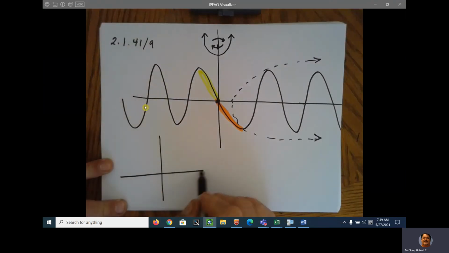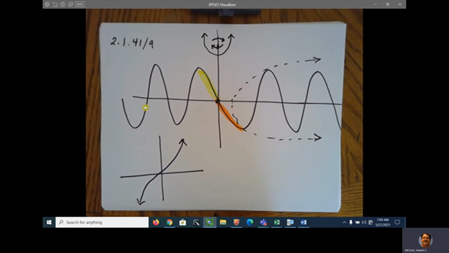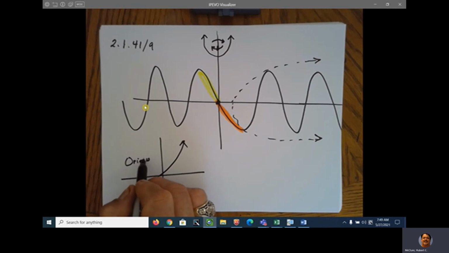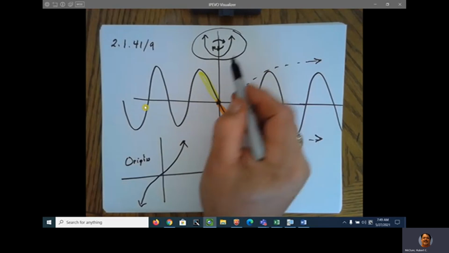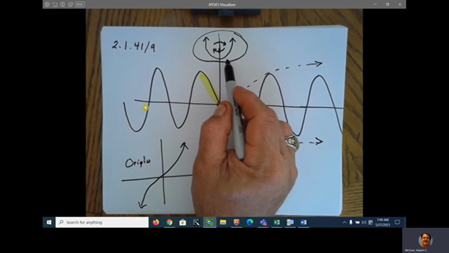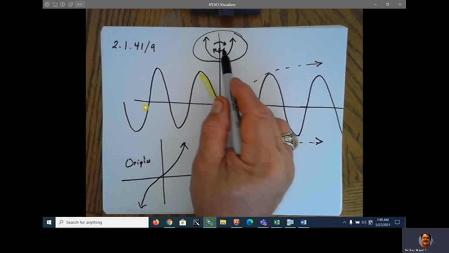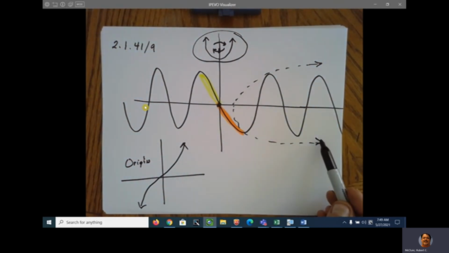Is this symmetric around the origin or around the x-axis? This is symmetrical around the origin. Is this symmetric around the x-axis or the y-axis or the origin? This is symmetrical around the y-axis. And then this is symmetrical around the x-axis.